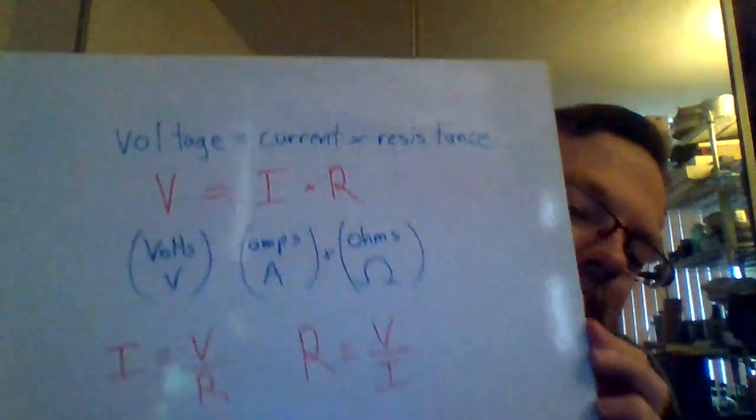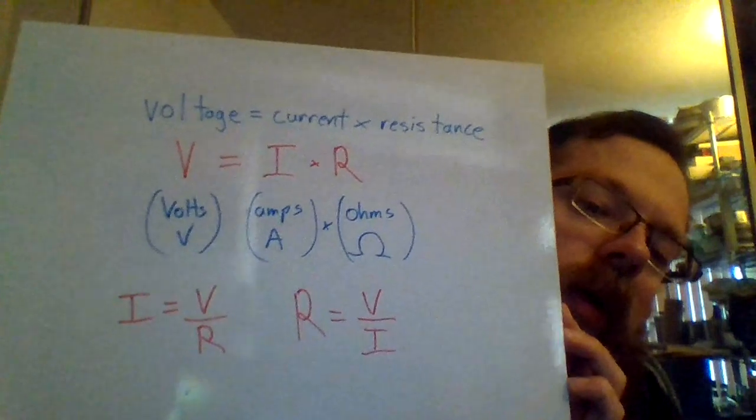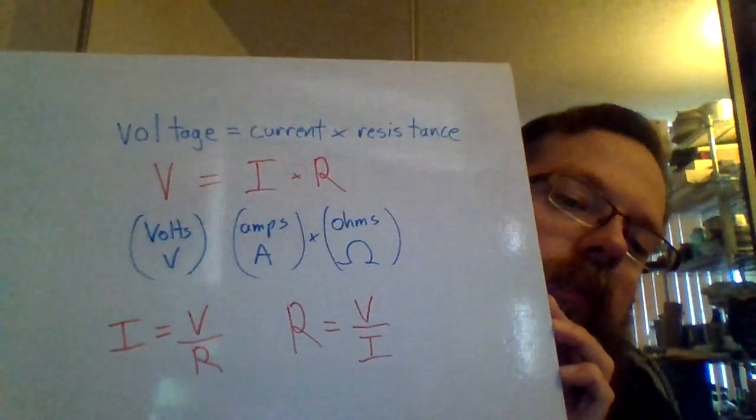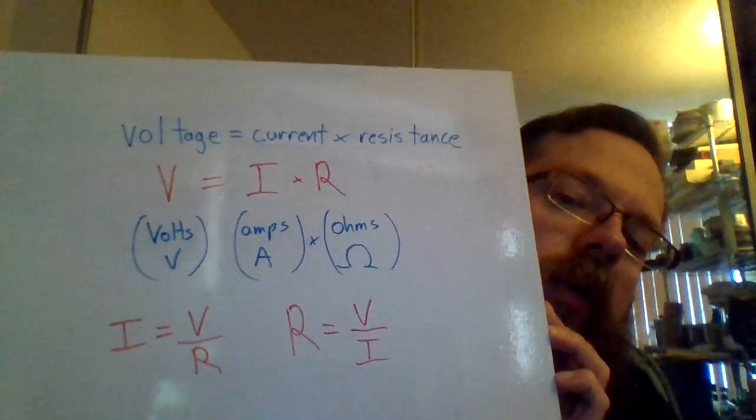So if voltage is equal to current times resistance, we might also find that current is equal to voltage divided by resistance, and that resistance is equal to voltage over current. So if you were to have a little cheat sheet or a formula card, this is kind of your big summary there for how this all works together.